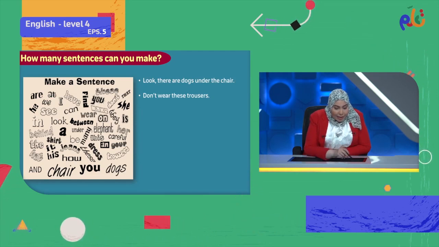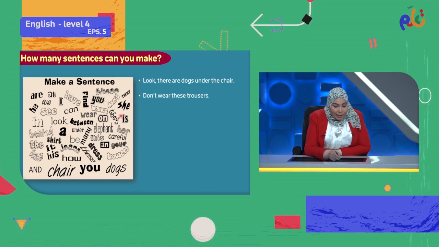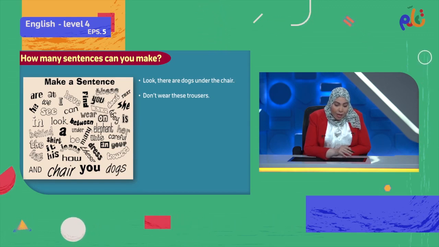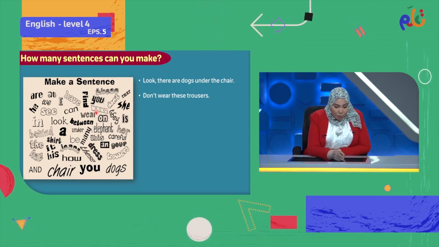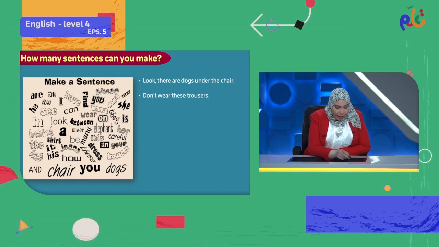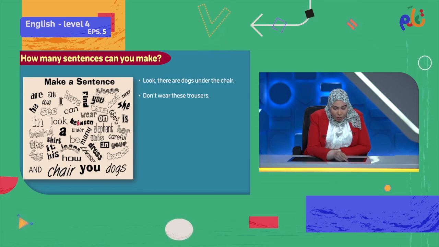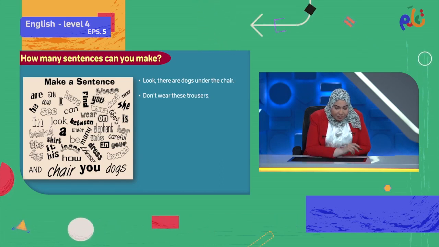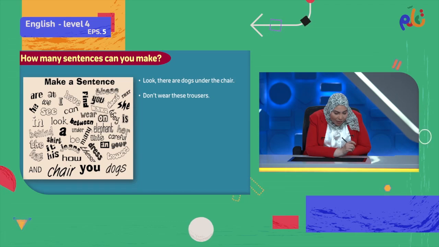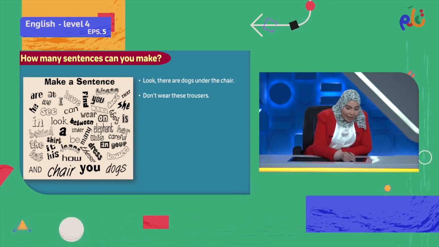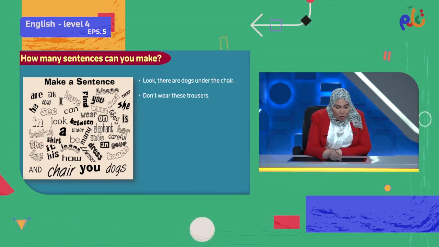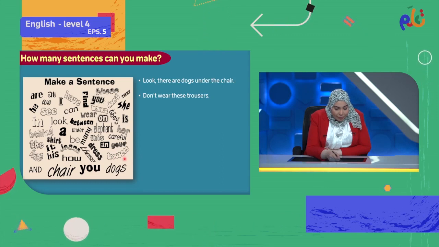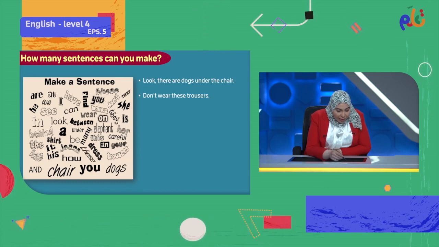He, and then is as my verb. If I want to make it long, I can use a preposition like he is between. He's between what? What can we put in there? He's between, I can say, the dogs. To make it longer, we need and.